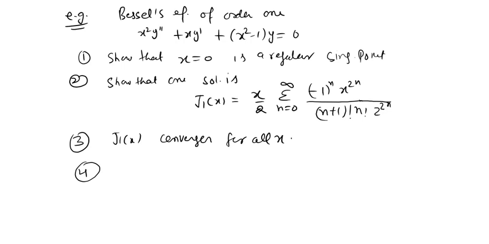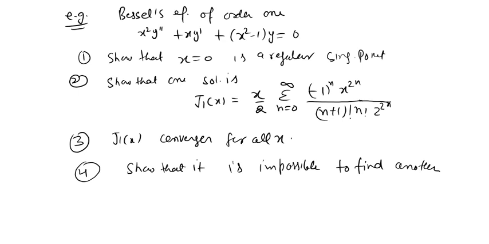And fourth part, show that it is impossible to find another solution of the form x inverse times the sum of bn x power n running from 0 to infinity. So it is impossible to find a solution in this form. So we need to prove the fourth part.